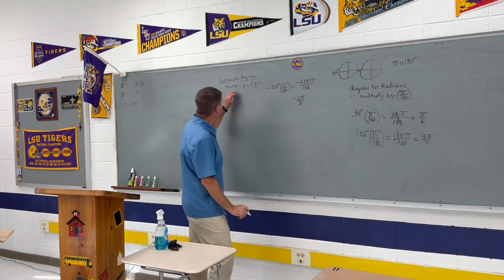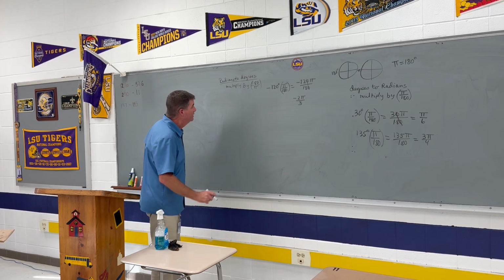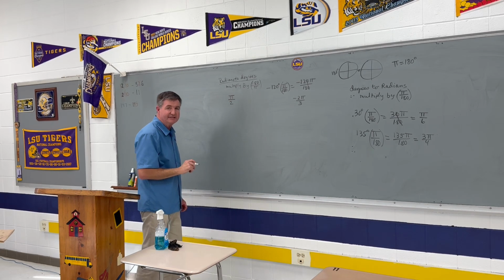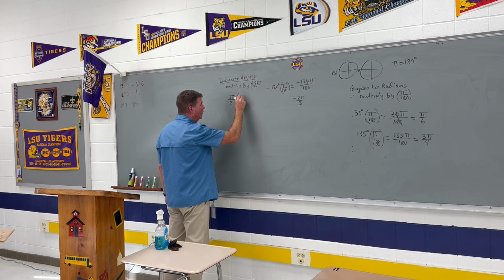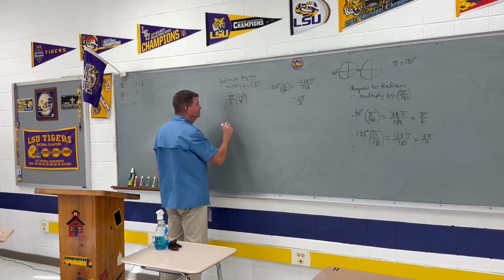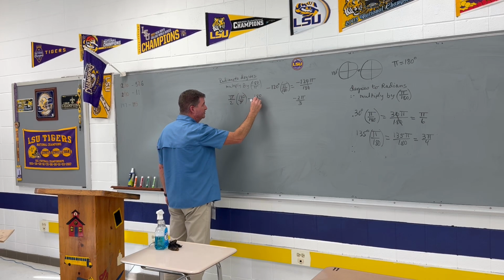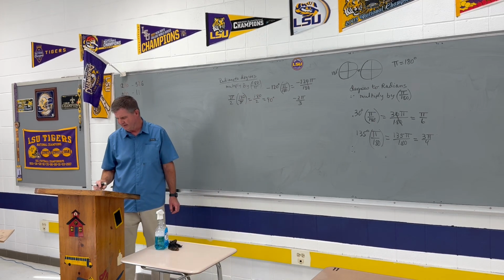If you're trying to go from radians to degrees, you want to get rid of the pi, so you put a pi in the bottom so you can cancel them out. So if I have pi over 2 and I want to convert that to degrees, I multiply by 180 over pi. The pi's cancel out, giving me 180 over 2, which is 90 degrees.